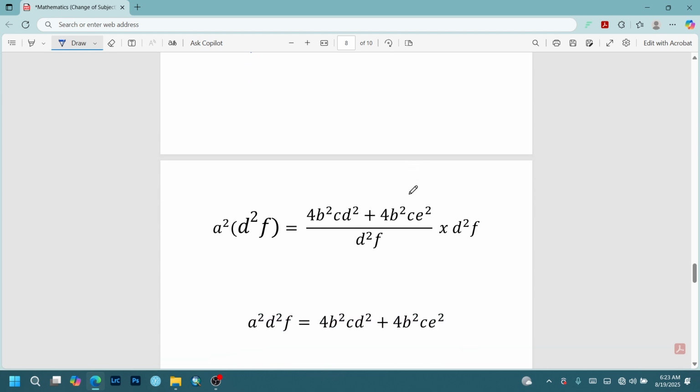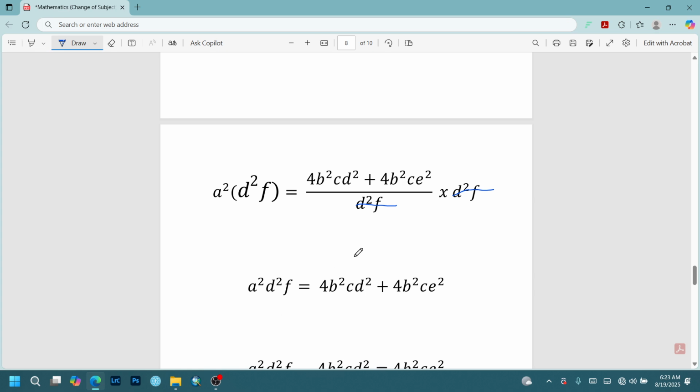So d square f cancels itself on the right side. We have a square multiplying d square f, and a square multiplying d square gives a square d square, so a square multiplying d square f gives a square d square f.